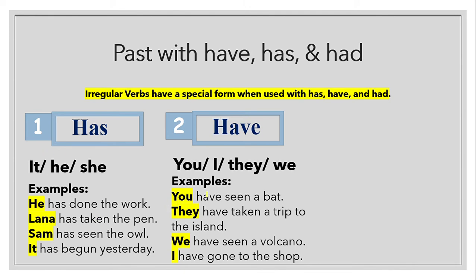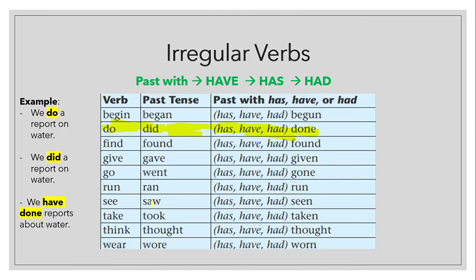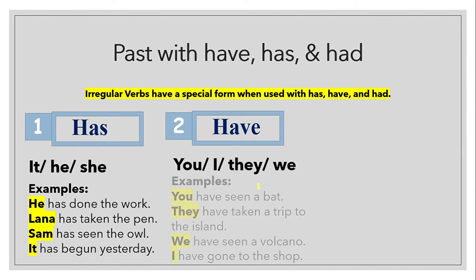Examples. You have seen a bat. I used have. Why seen? Again, the table. See, saw, seen. What's before seen? Has, have, or had. Have. So I use seen, not saw or see, because I have this.